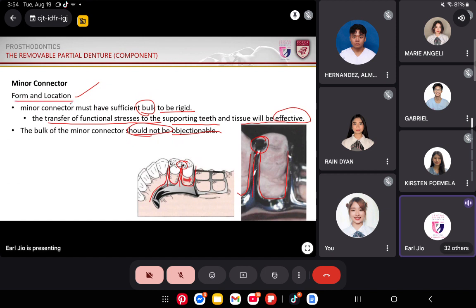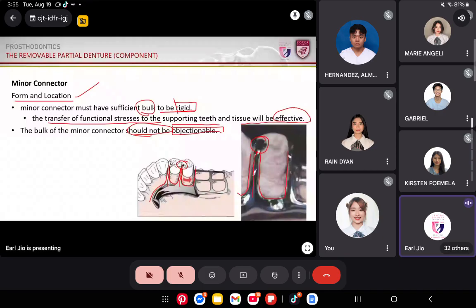Form and location niya. Minor connector must have sufficient bulk and it must be rigid, so that it can transfer functional stress to the supporting teeth and tissue and be effective. The bulk of minor connector should not be objectionable as well. So, ibig sabihin, dapat hindi siya masyadong malaki.